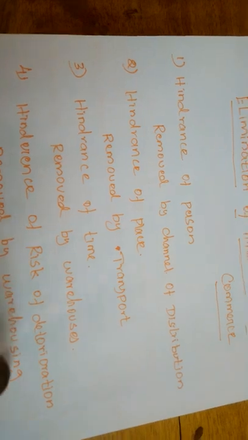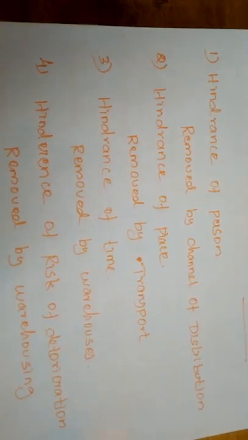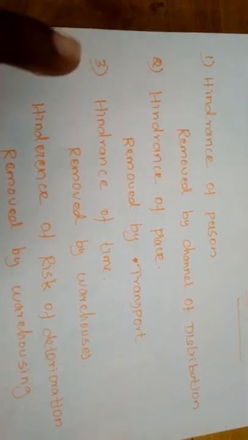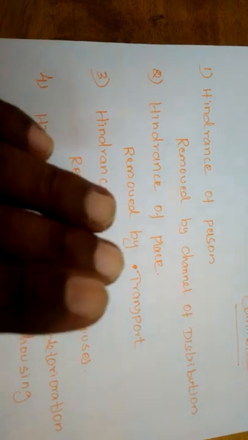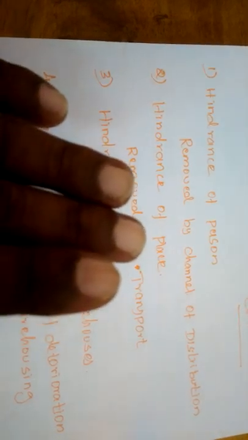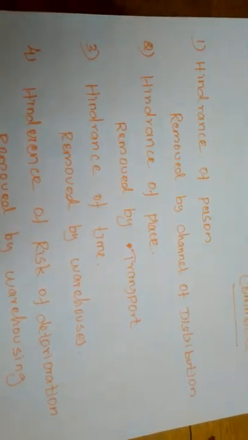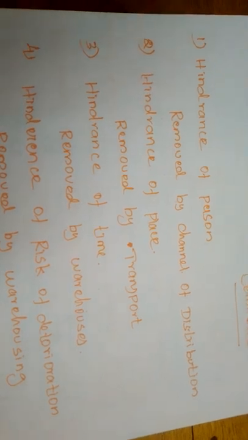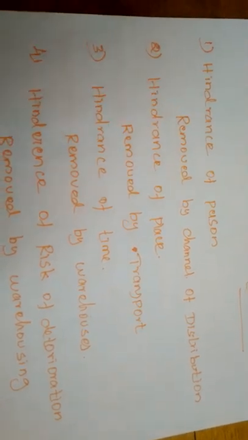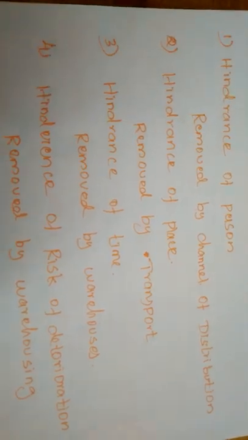Channel of distribution means different channels that distribute commodities from the producer to the consumer: the wholesaler, the retailer, the broker, the middleman, and the different links in the chain between the consumer and the producers.